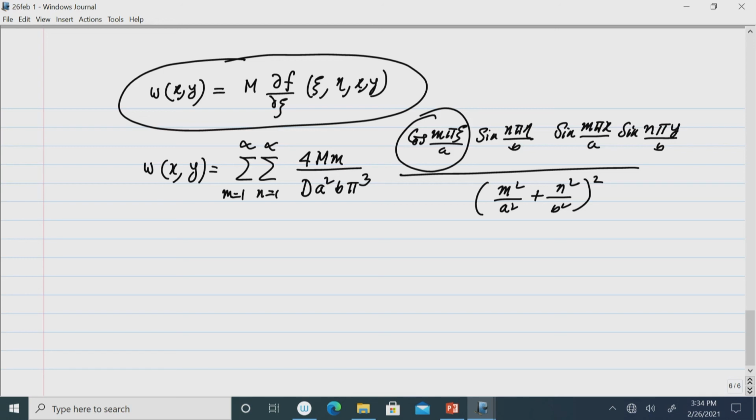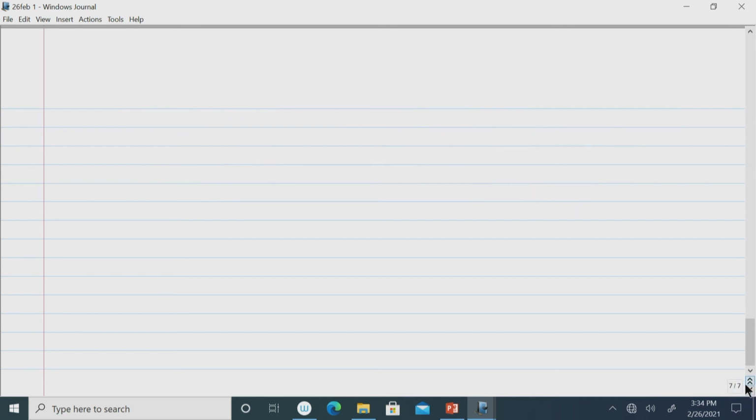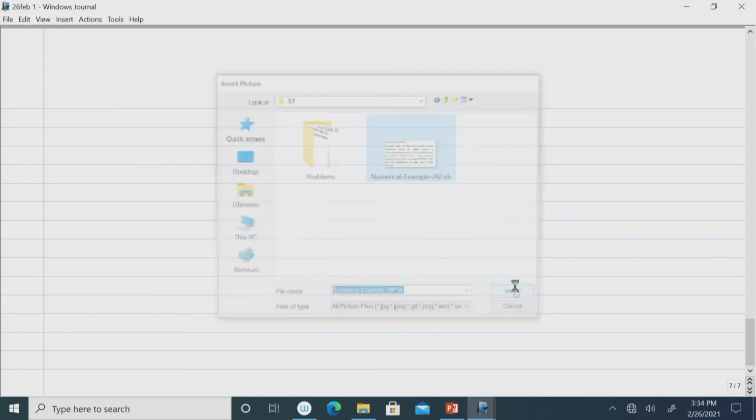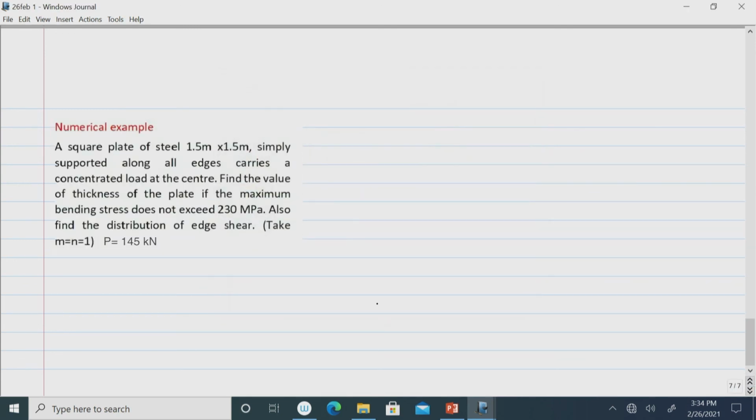Okay. Now, let us give an example of this. Here a square plate of size 1.5 meter by 1.5 meter, simply supported along all edges, carries a concentrated load at the center.